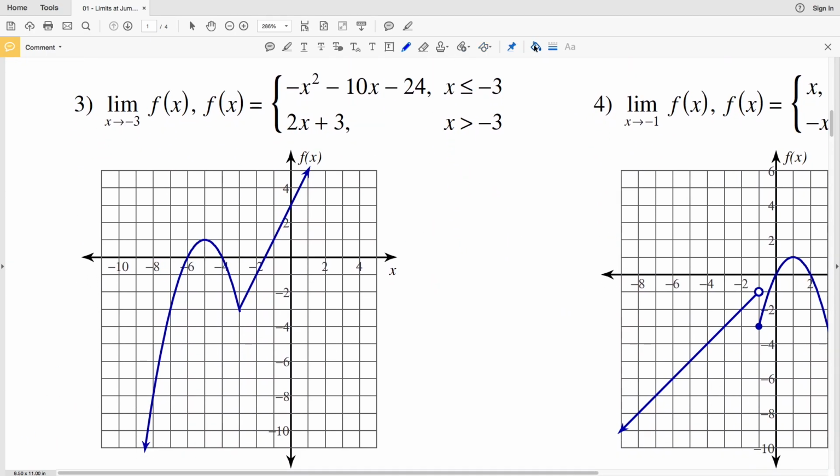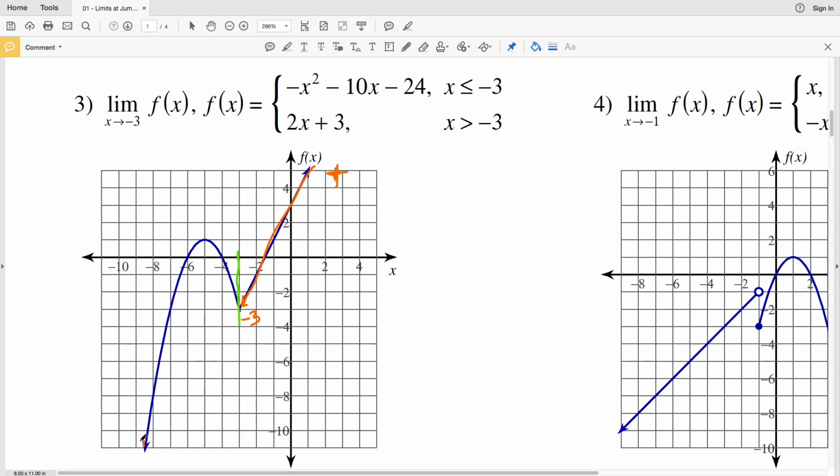Moving on to 3. For number 3, it does not tell us whether we're approaching from the right or the left, so we have to look at that limit from both the right and the left. So the limit as we're approaching negative 3 from the right. Here is where x equals negative 3. As we're approaching that from the right, we are getting closer to the value negative 3.